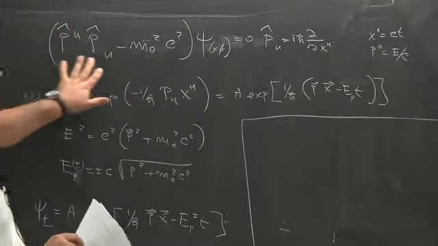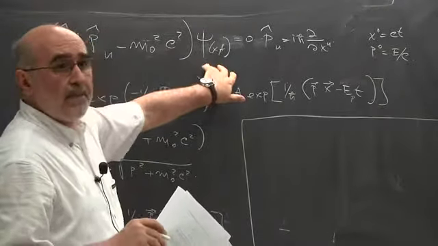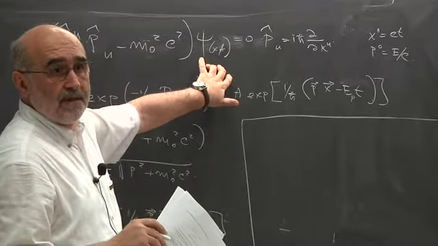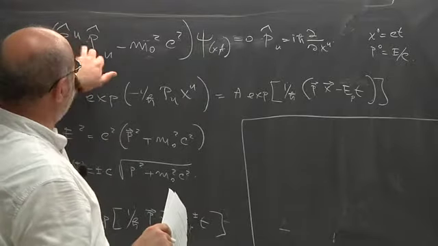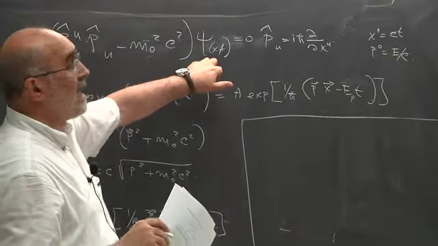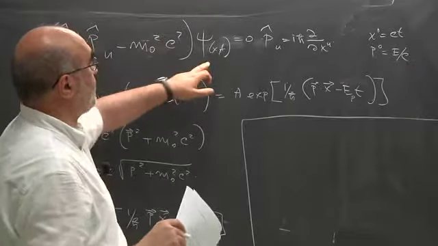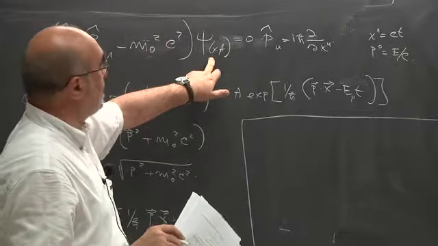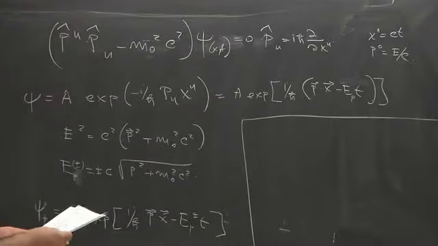And this is a sort of classical equation in the sense that this is a field, but we have not quantized this field. Okay, we have quantized x and p and got this momentum, but we have not quantized psi. So we can say that this is a classical equation for this field that we have not quantized.